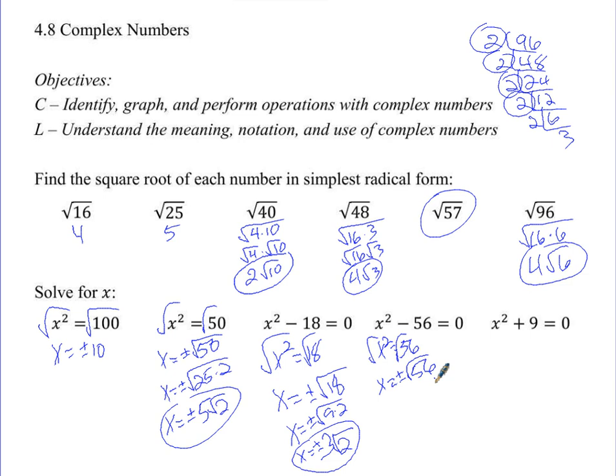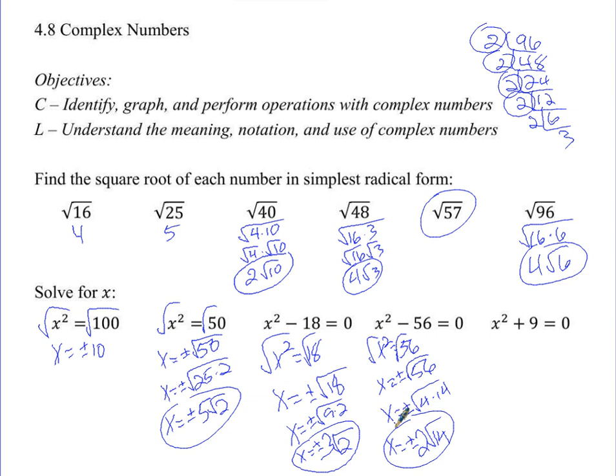Our perfect squares are 4, 9, 16, 25, 36. 36 doesn't work. 25 doesn't work. 4 does though. 4 times 14. So this becomes x equals plus or minus square root 4 times 14, which will simplify to x equals plus or minus 2 root 14.